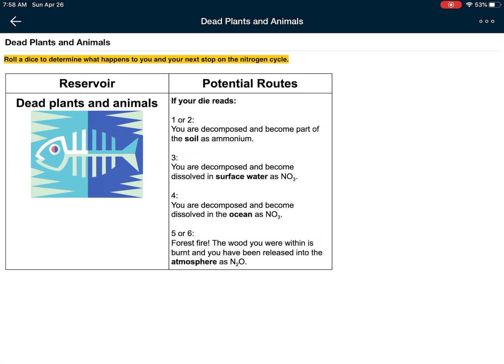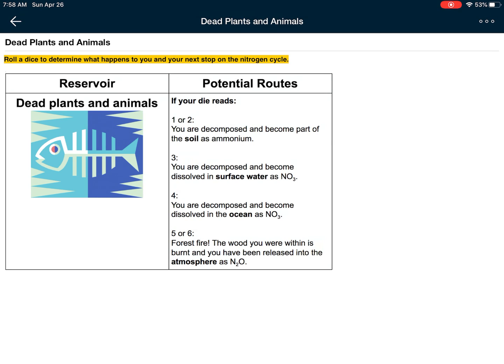What you'll also see here are a bunch of different locations that you can go to. In class, we would have a dice at each of these different locations, and you'd roll the dice, and based on that roll, you would determine where you went. The reservoir over here on the left, dead plants and animals, is your starting location. That's the first box on the left-hand side. You roll the dice. In this case, we rolled either a 1 or 2, because it says you are decomposed and become part of the soil as ammonium.